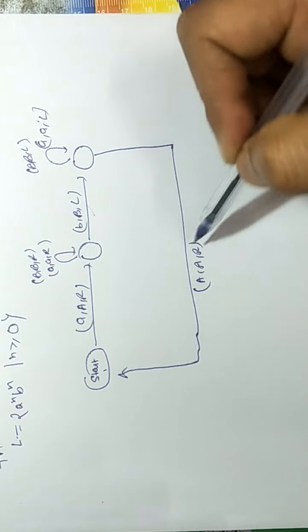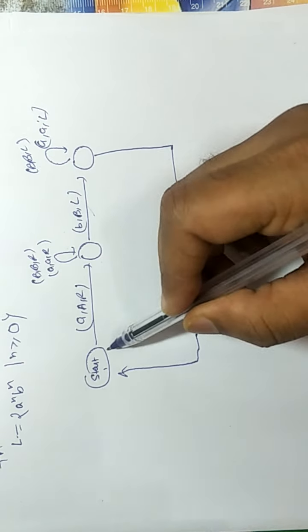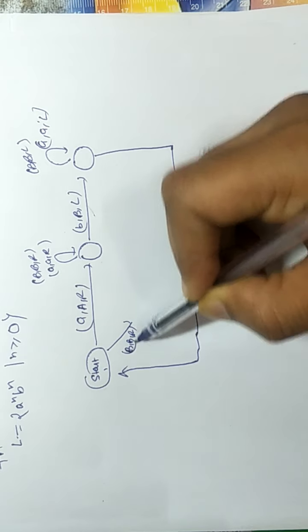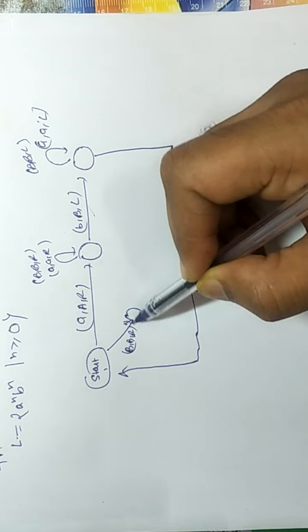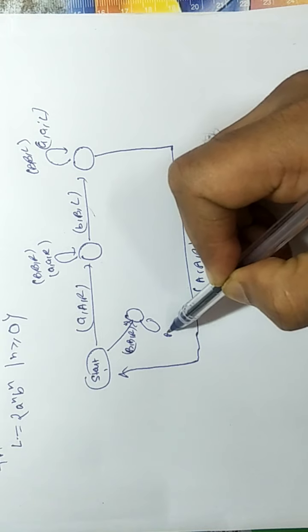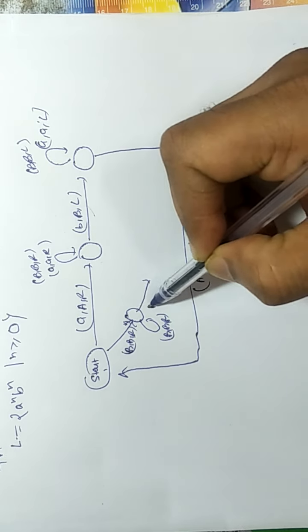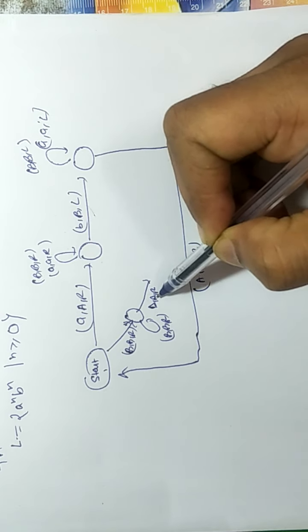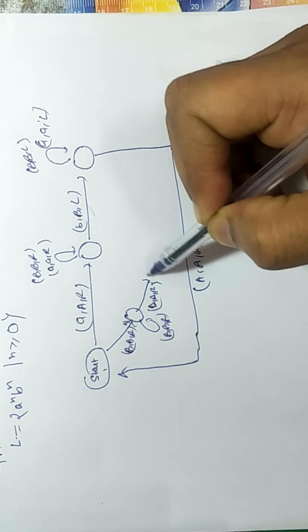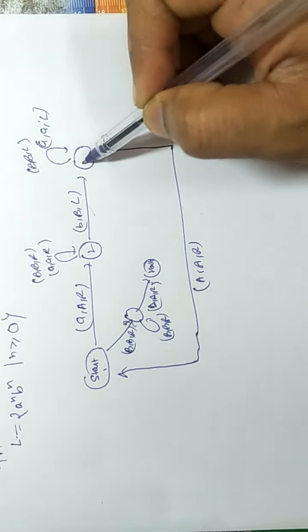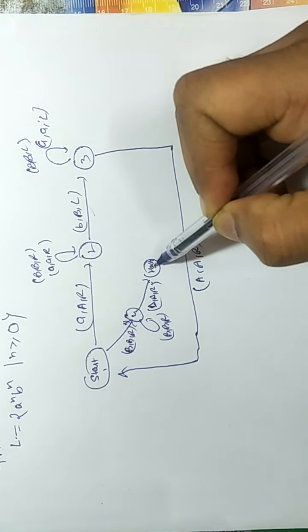Then at the end, to the right of capital A you will get capital B. Then you have to check that there are all capital B's, and then you will get a blank and reach the halt state. This is state 1, 2, 3, 4 and 5.